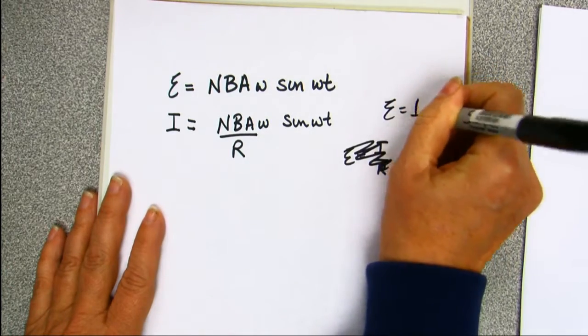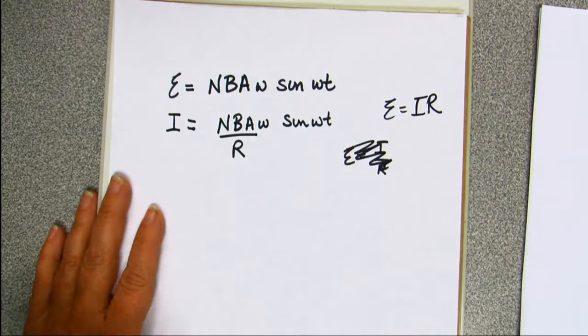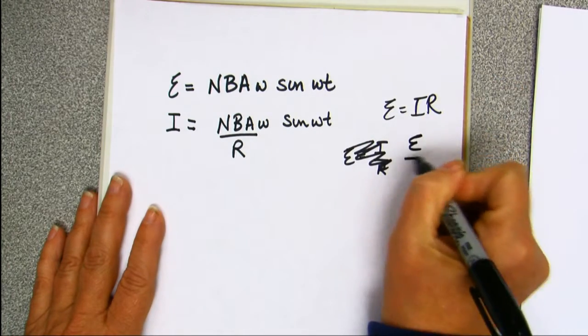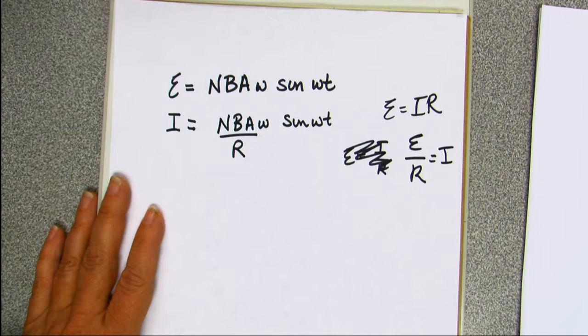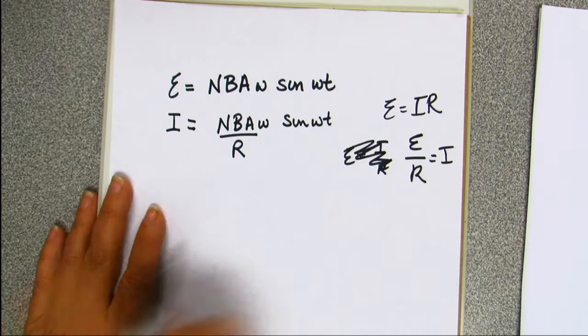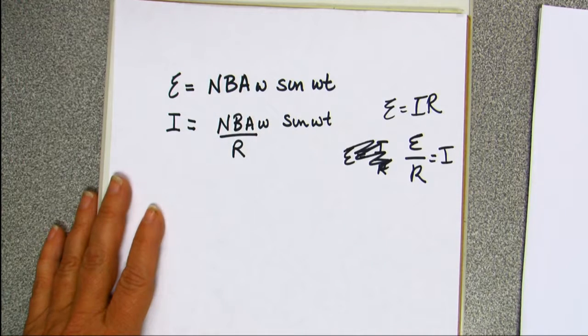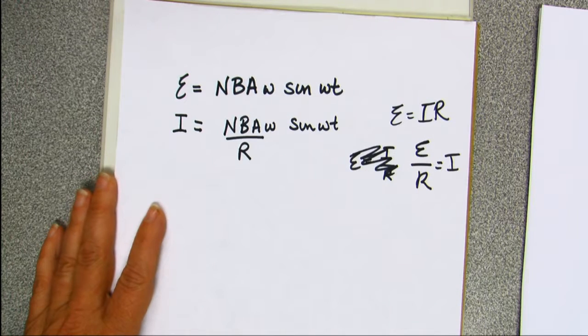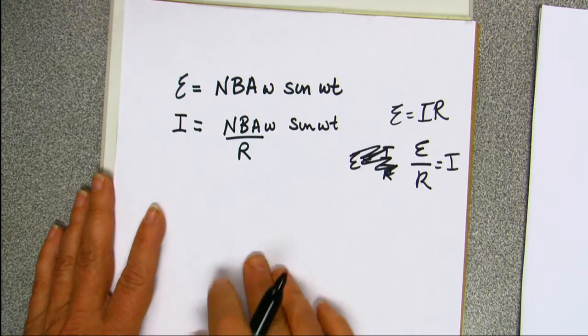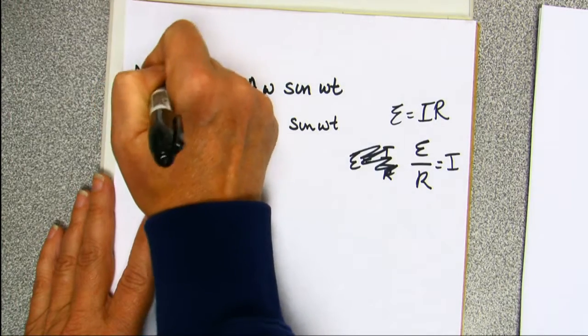E is equal to IR, so I get E divided by R. I'm still fighting whatever this crud is. So I get E over R. You guys let me write it wrong and didn't say nothing. Shame on you. It's good old Ohm's law. So this is for AC current.